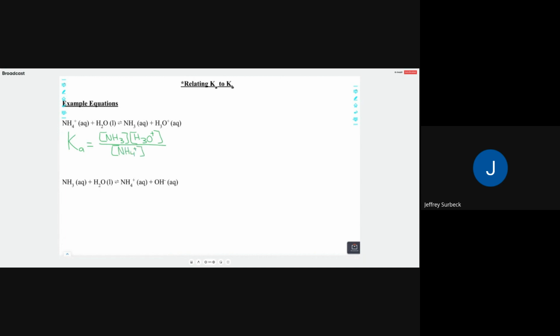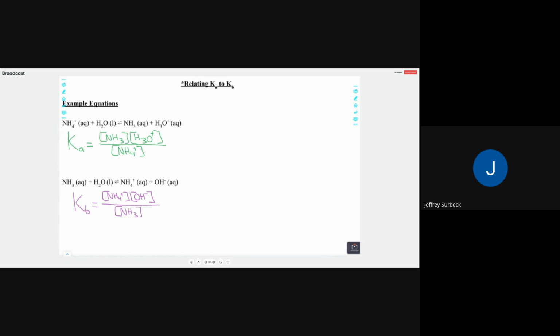We've seen that, we've done it. We're going to go down here to the base and write the equilibrium expression for this weak base. Again, we start out with Kb because it's a base. This is equal to what's on top, which is NH4 plus times that hydroxide, OH minus, all divided by just the concentration of NH3.